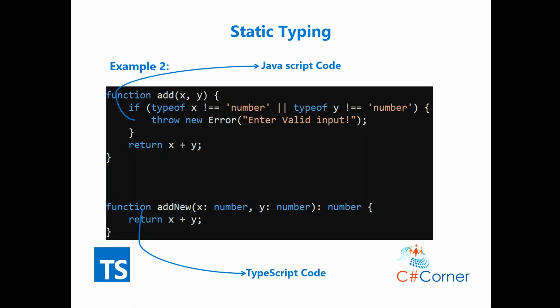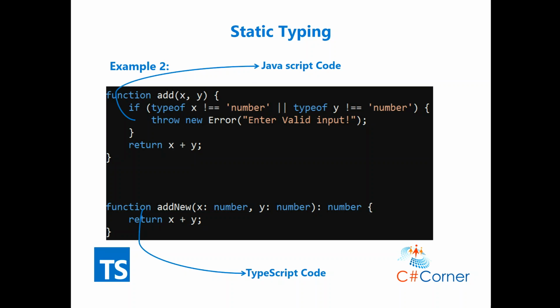The ultimate aim is to accept only number type variables. For that, in JavaScript, you have to use extra lines: if the type of that parameter is not equal to number, if the type of the other parameter is not equal to number, you have to throw exceptions. That checking is completely avoided here in the case of TypeScript.